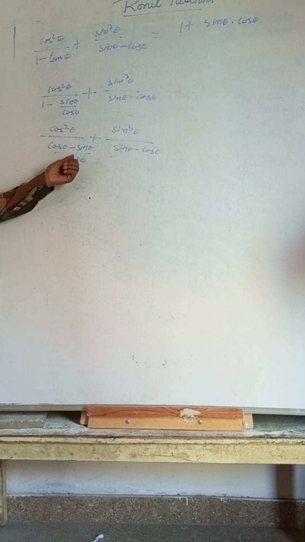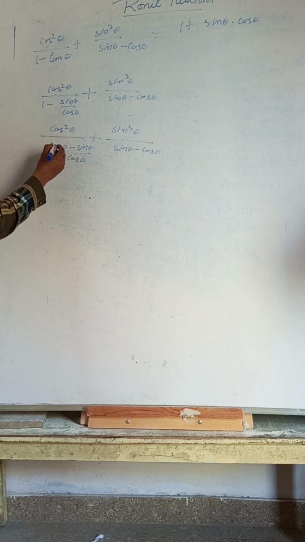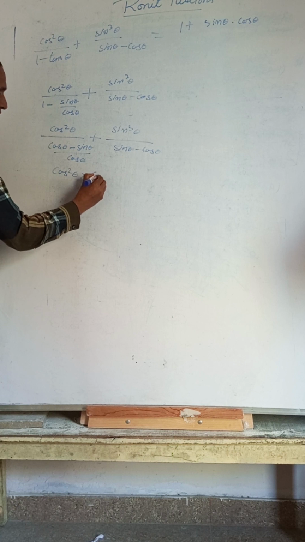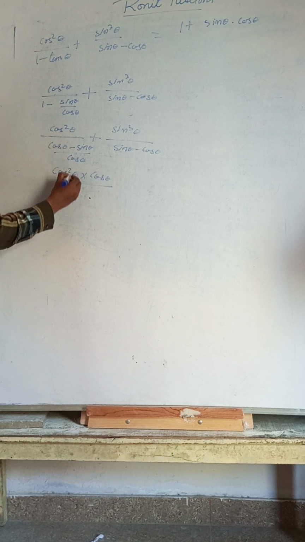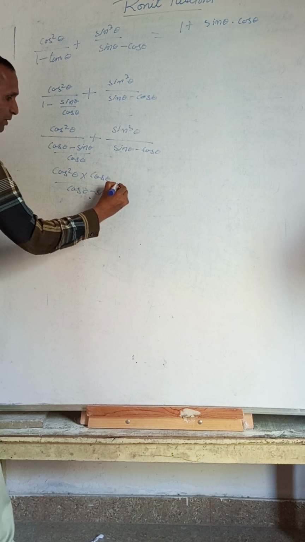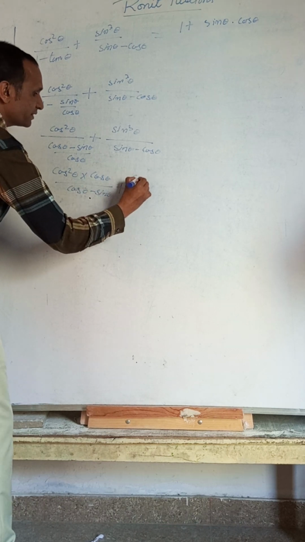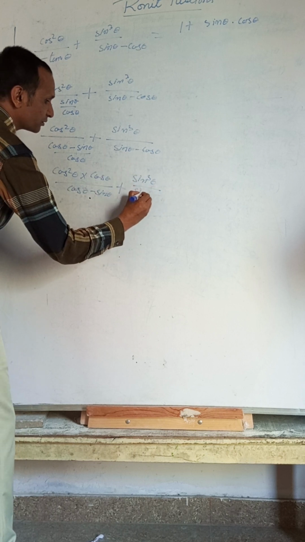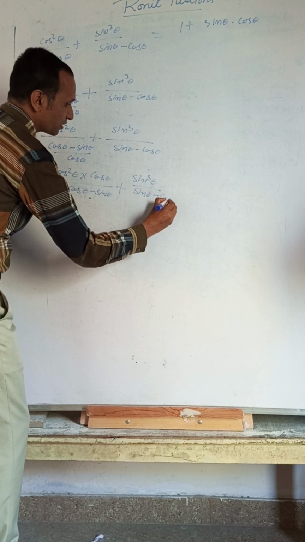Now this we can write in the reciprocal way: cos square theta into cos theta by cos theta minus sin theta, plus sin cube theta by sin theta minus cos theta.